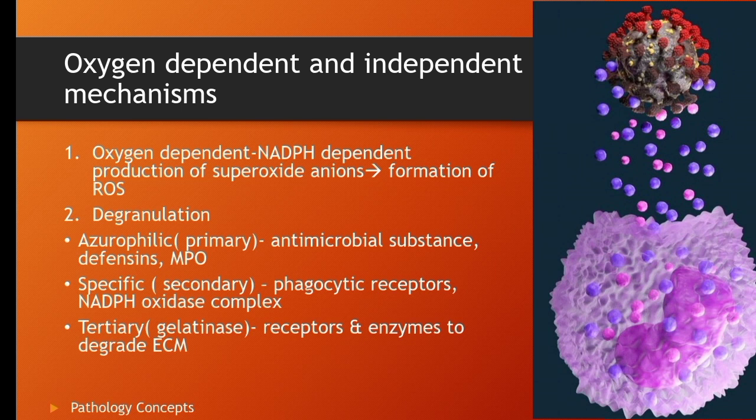The specific granules contain phagocytic receptors and the NADPH oxidase complex. Patients who lack the specific granules are susceptible to repeated skin and respiratory infections and have defective chemotaxis and adhesion. The tertiary granules contain the receptors and enzymes to degrade the extracellular matrix that facilitate the extravasation and migration of neutrophils at the site of inflammation.